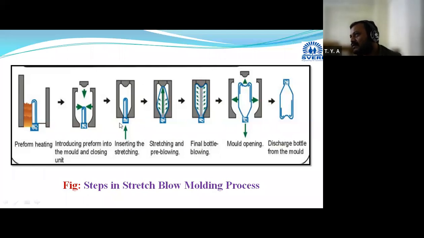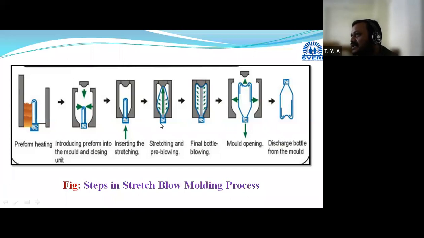This is the closed mold. Now initially we are just stretching it. This is stretching or pre-blowing. Very small, we are stretching it lengthwise. We are doing the stretching of that Parison.